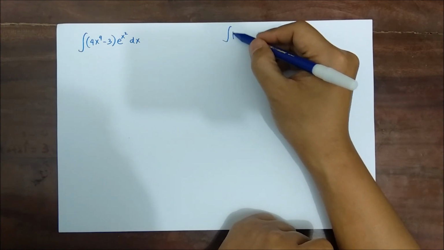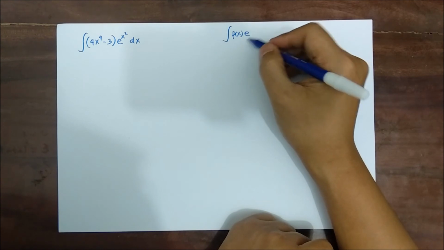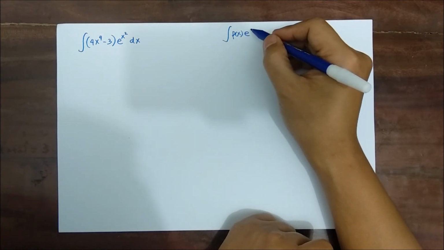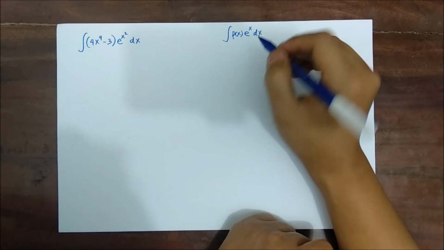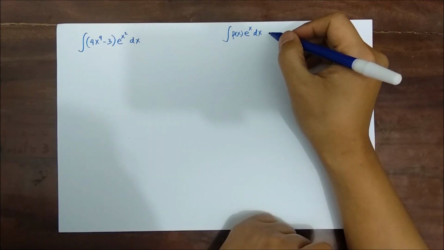So if we have p(x), a polynomial, say usually we compute the integral of p(x) times e to the x dx using some partial integral.